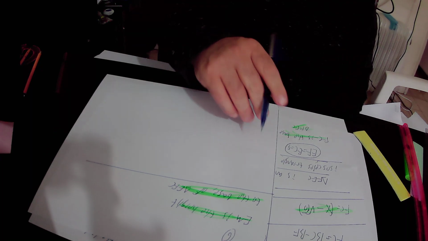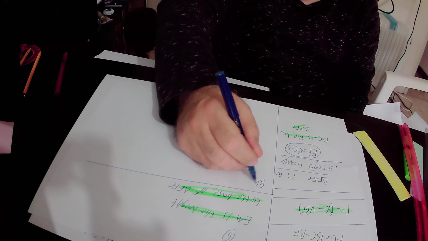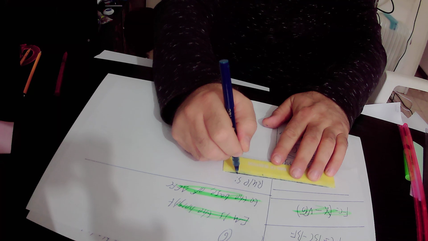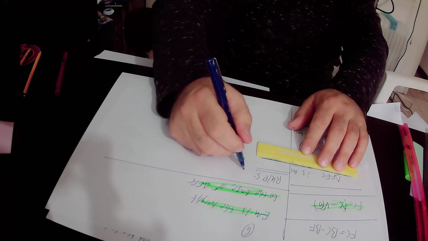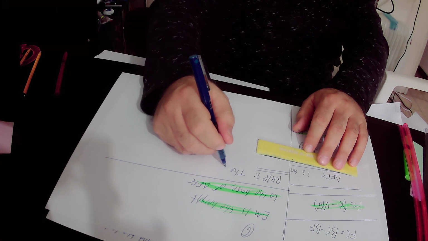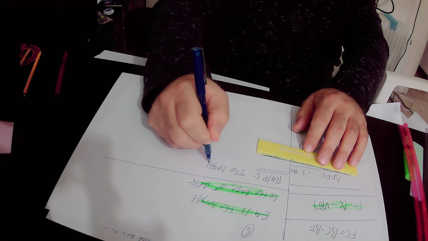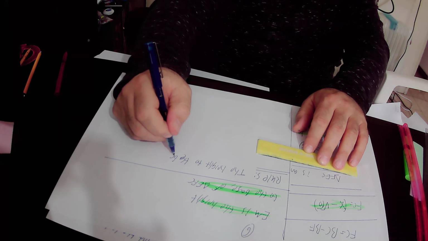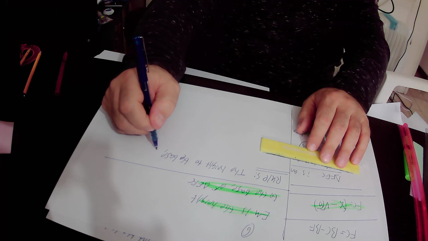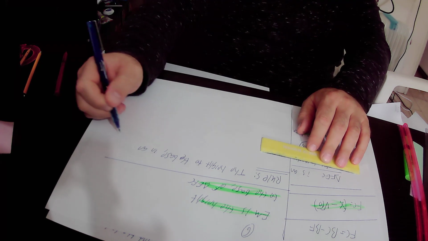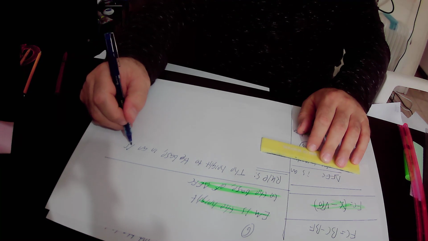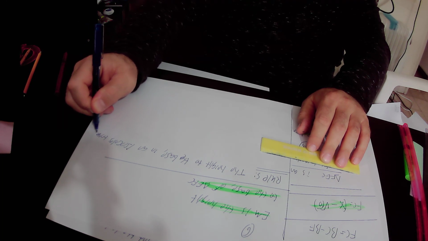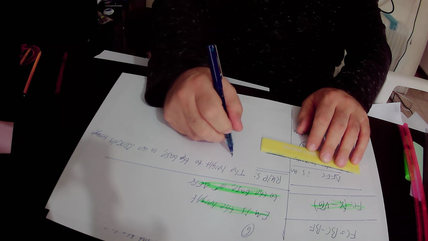And we also have rule number 5. According to rule number 5, the height to the base in an isosceles triangle bisects the base.